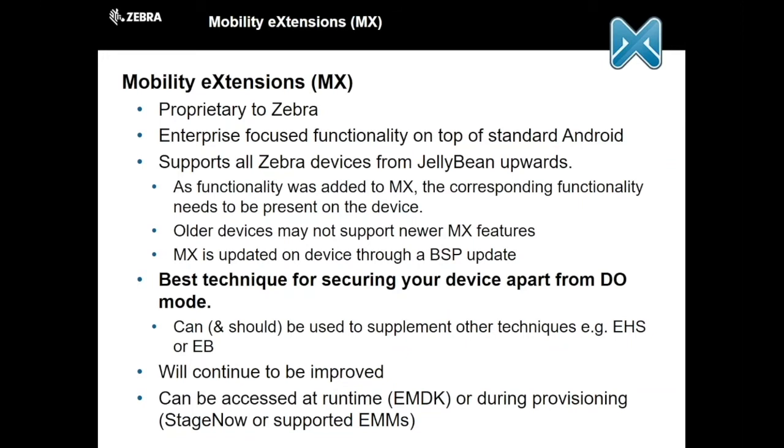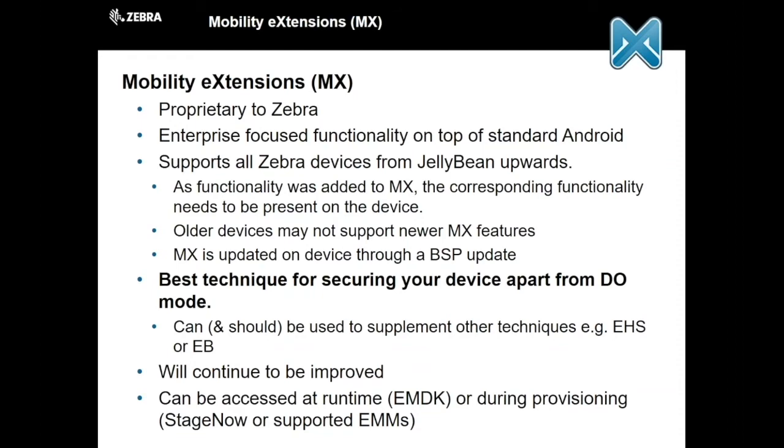This is where we as a company can add additional functionality. So although I'm saying we're embracing managed Android, we can add features to MX a lot quicker and with a lot more consideration of our specific use cases than we can get features added to managed Android, which we have to do through our relationship with Google, etc., etc.